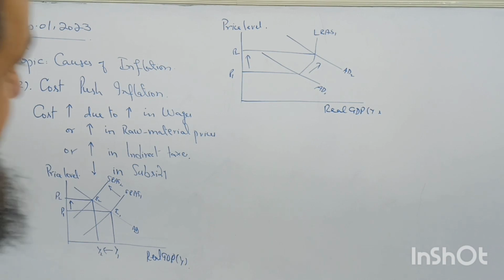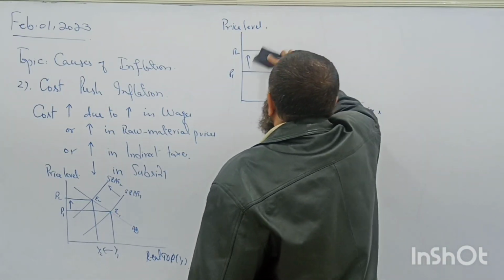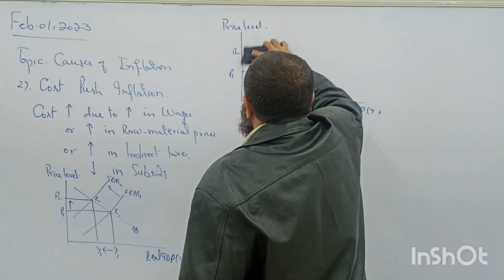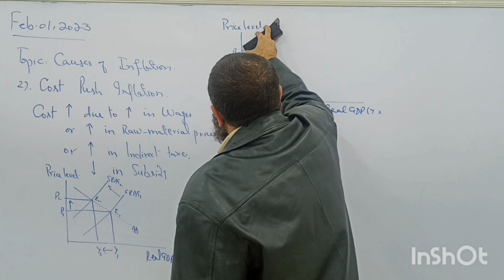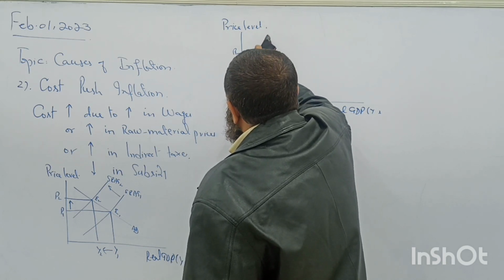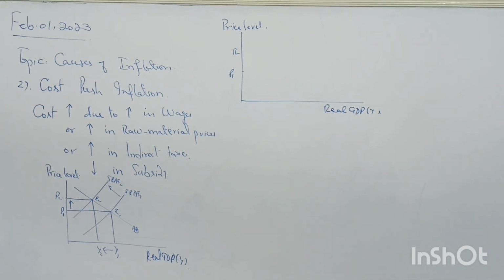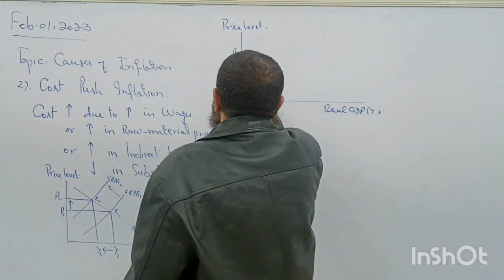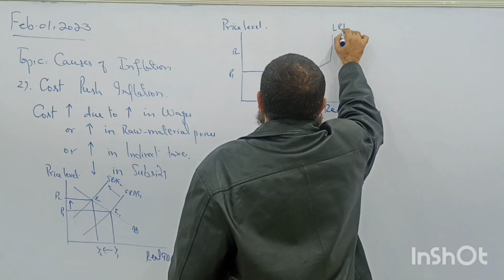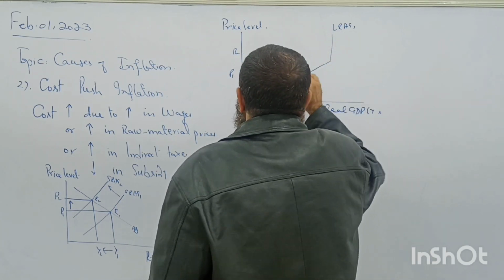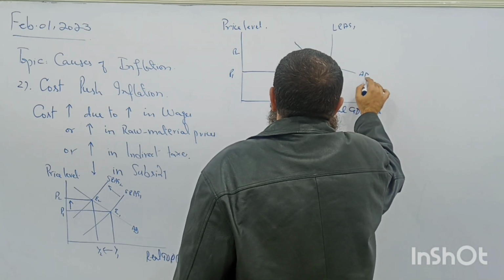You may have the same thing explained by using the long run aggregate supply curve. How can we show it? Like if there is a natural disaster or something, the long run cost of production has increased over a period of time. So what happens now? We have this long run aggregate supply, and the aggregate demand curve is the same.